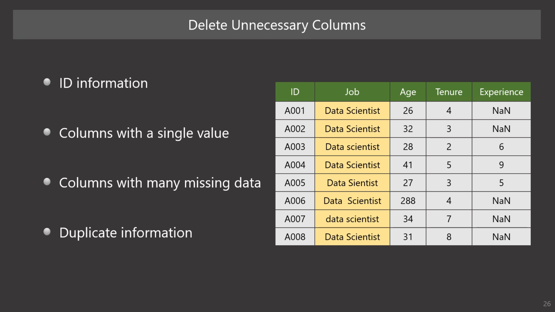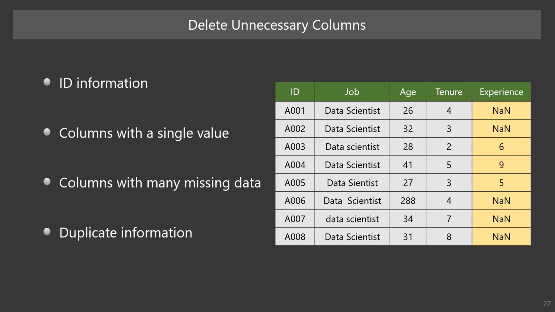So in descriptive analytics, it is not meaningful to use the column job for grouping data. Besides, when we create a causal or prediction model, this column is meaningless because we already know everyone in this dataset is a data scientist, and using this column as a cause or predictor is meaningless.